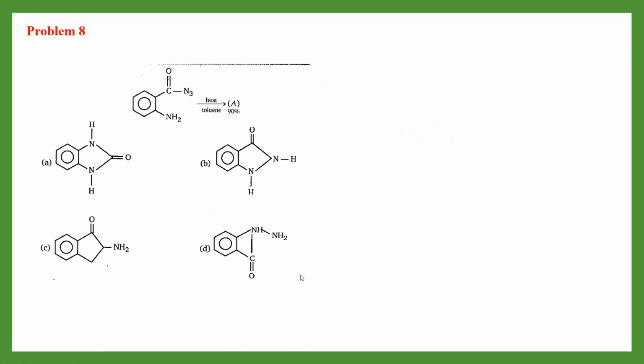So problem number 8. By looking at this intermediate, can anyone instantly tell me the intermediate involved in this reaction? Your options are carbene, nitrene, benzene. Heat is given. Nitrene, exactly. Why?